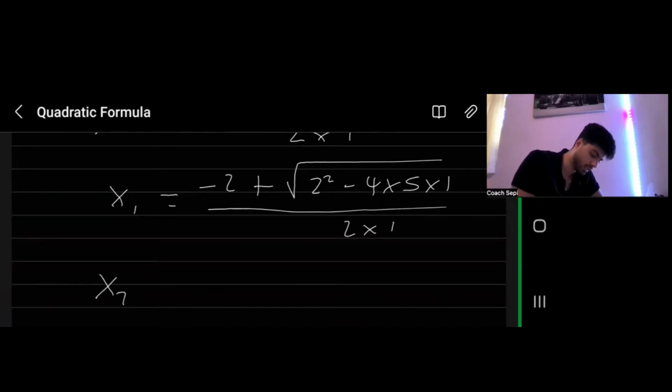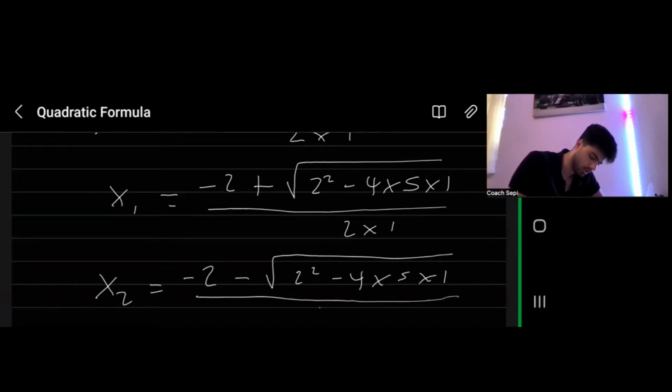And x2 would be minus 2 minus 2 squared minus 4 times 5 times 1 over 2 times 1.